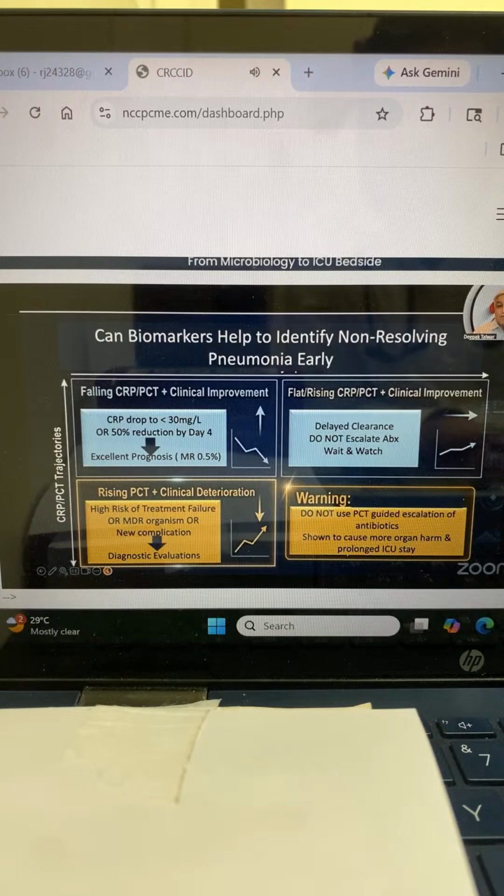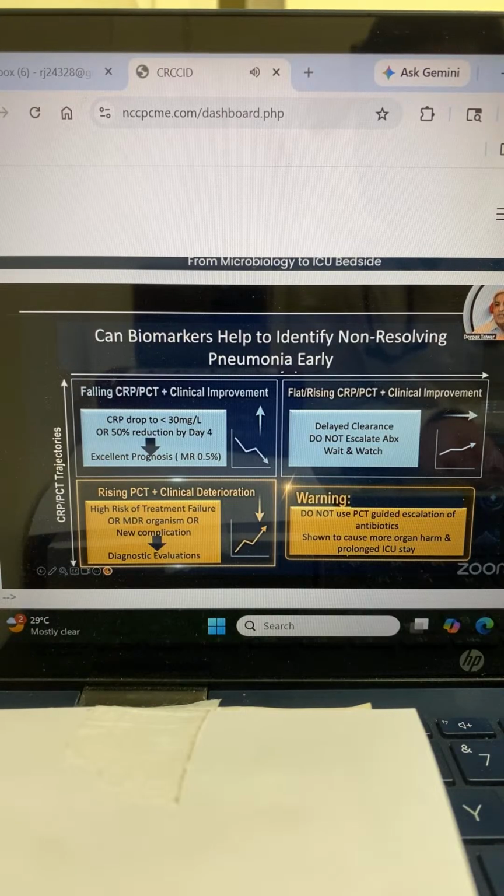But if the PCT is rising and there is clinical deterioration, this is a high risk of treatment failure. So you can see a biomarker with a clinical deterioration. This is treatment failure, or an MDR organism, or a new complication happening, and it will require diagnostic evaluation. But if the CRP is flat or slightly rising with the PCT, but the patient is still doing well, it may be just delayed clearance and does not dictate escalation of antibiotics.